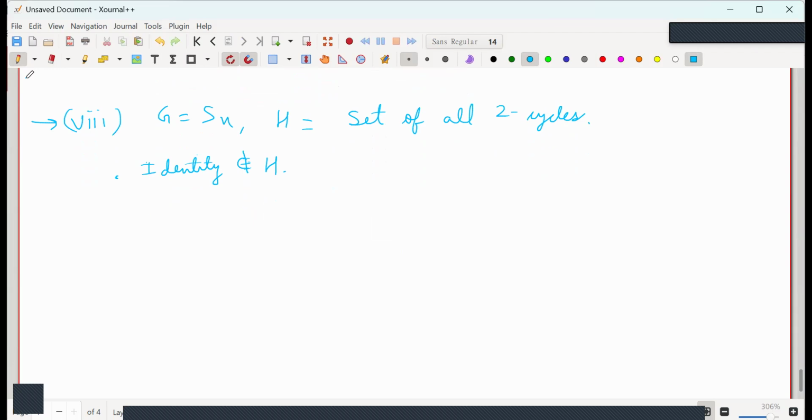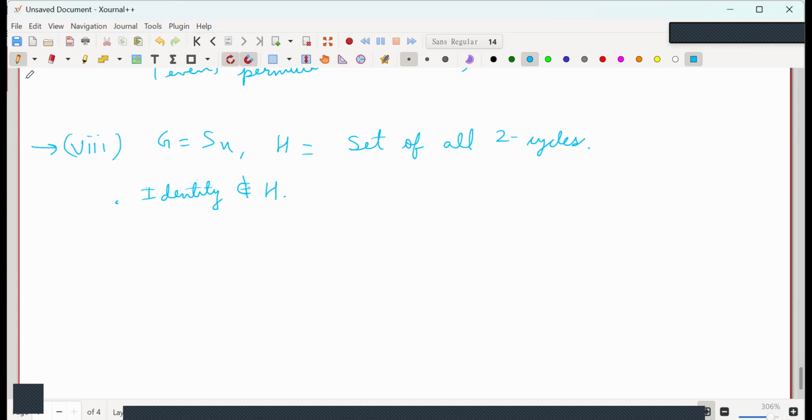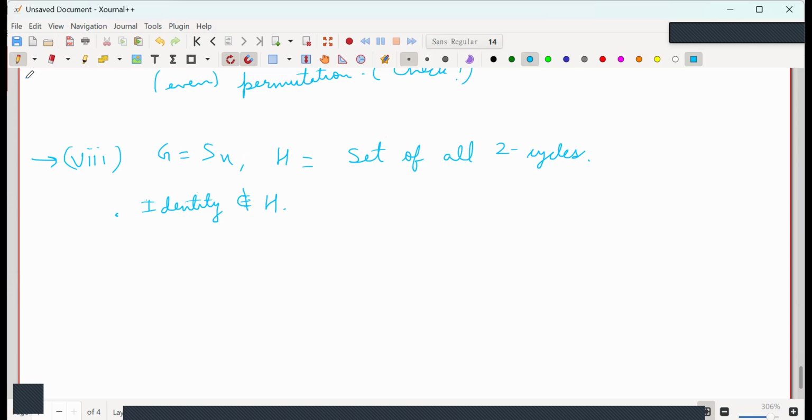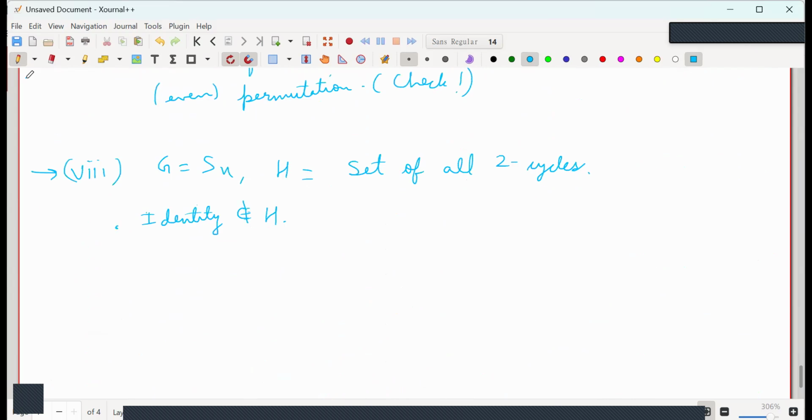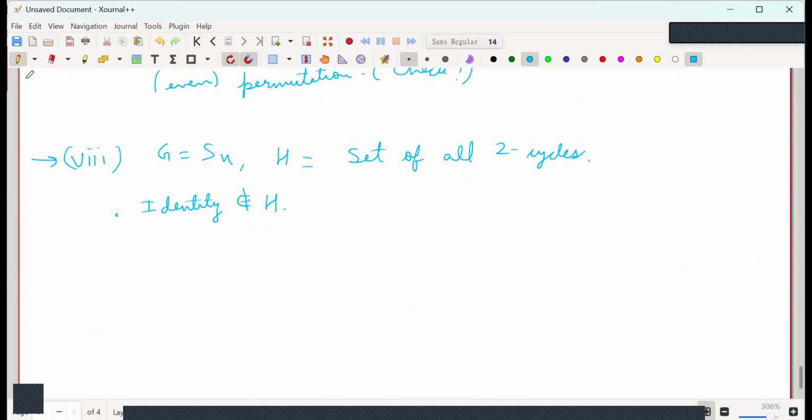Whenever you get confused in this, you just remember the second definition, because that is free from the disjoint cycle composition thing. Even permutations are products of an even number of transpositions, and odd permutations are products of an odd number of transpositions.